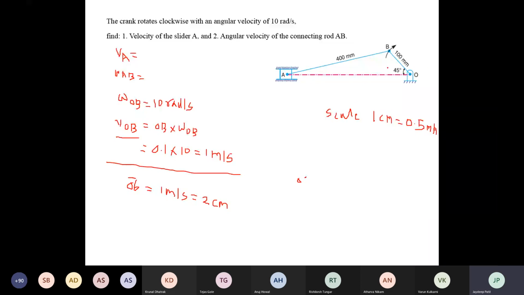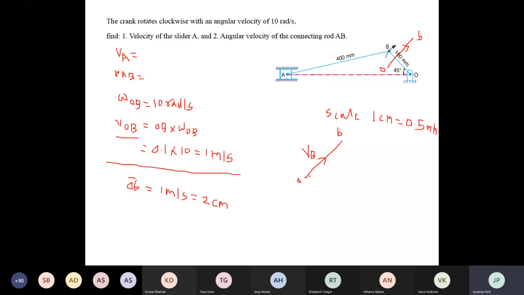Means you have to draw the first vector ob perpendicular to link OB, in the direction of rotation of OB. Means it goes in upward direction. With this O, I will draw first vector ob in upward direction, whose magnitude is 2 centimeter. Now this is nothing but your velocity of B with respect to O, or you can write velocity of B because O is a fixed point.